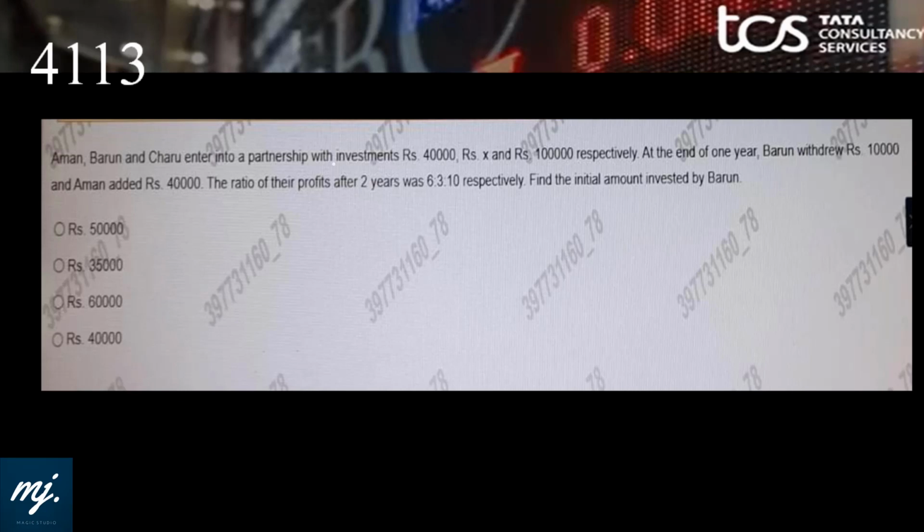A, B, C enter into a partnership with investment of A 40,000, B investment of X, and C investment of 1 lakh. At the end of 1 year, Barun withdraws 10,000. Okay, so now his capital is X minus 10,000, and Aman added more 40,000.